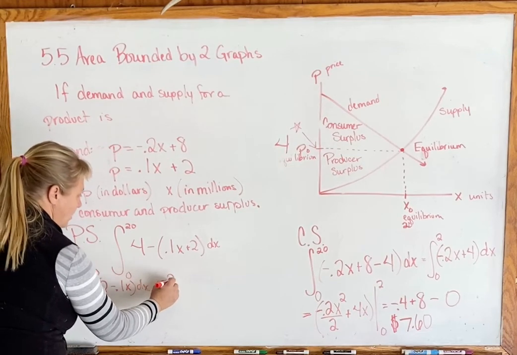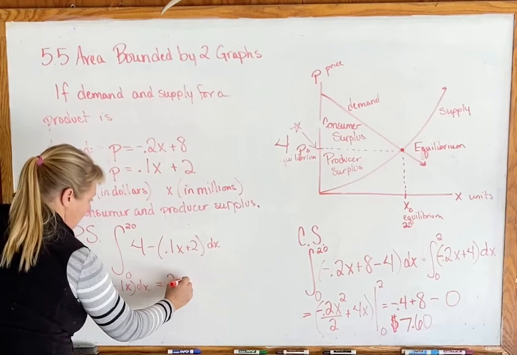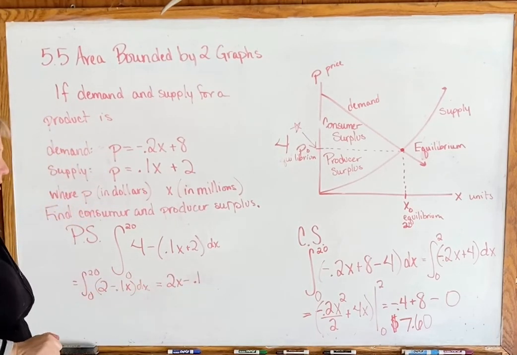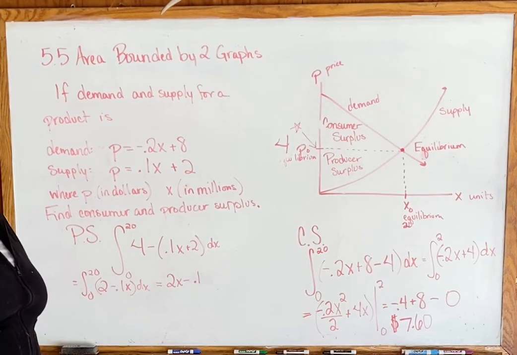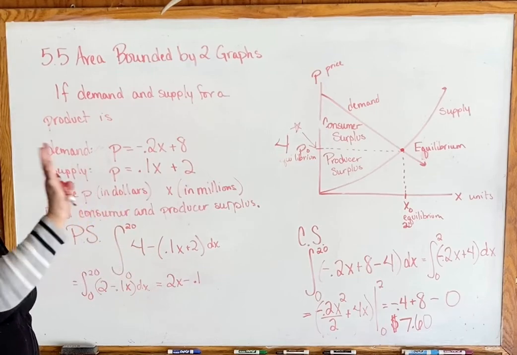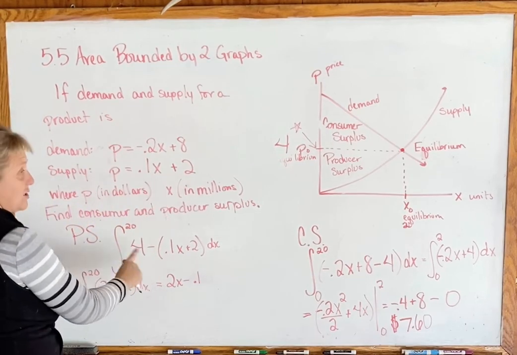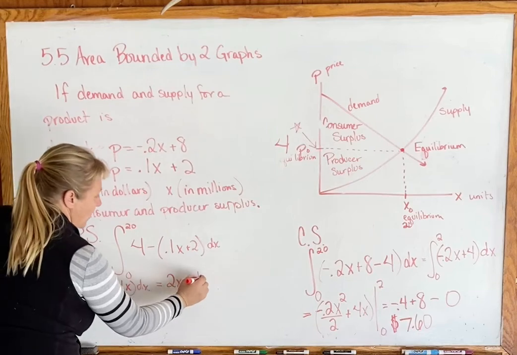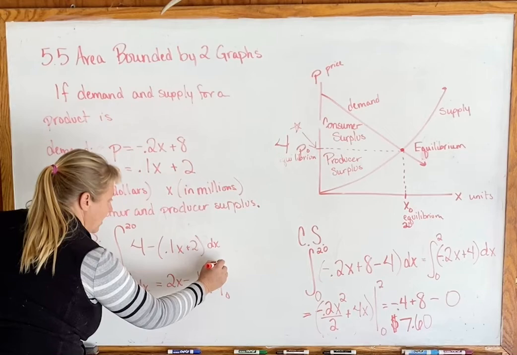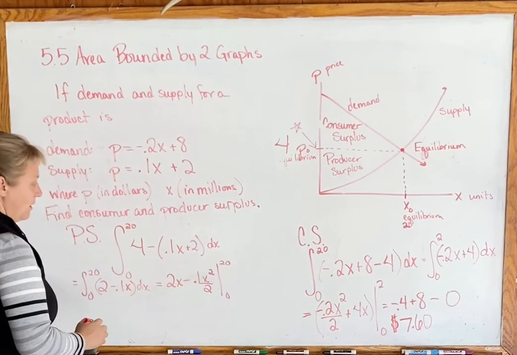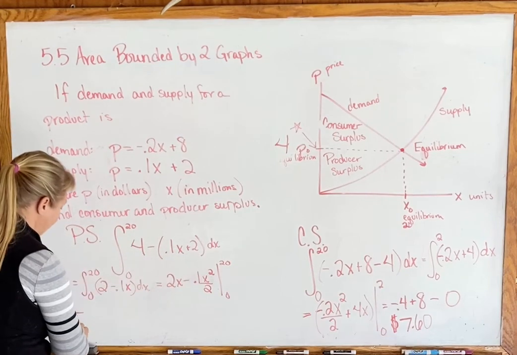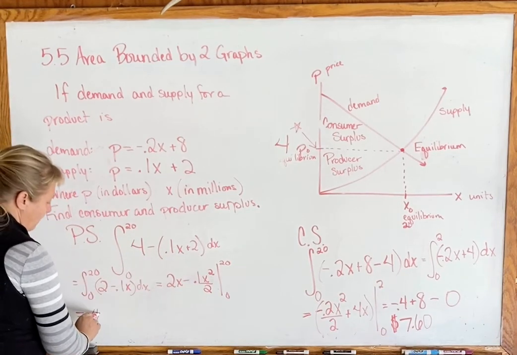So we'll have 2x minus 0.1. Hold on. Let's finish this one, then we'll go back and fix that one. Now I realized what I did wrong there. Hold on, sorry about that. Let's finish this one. Okay, so 0.1x squared over 2. But we're going from 0 to 20. Okay, so we need to plug in 20 there. So that's going to be 40, right?